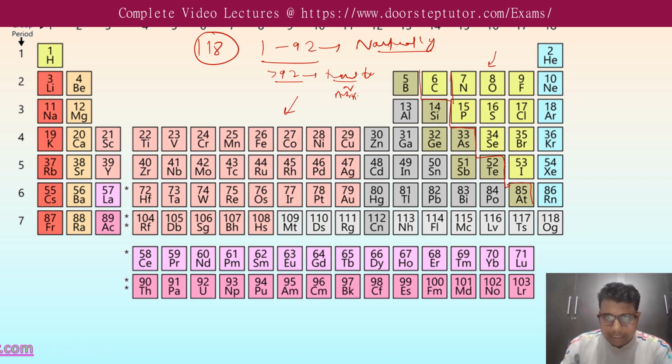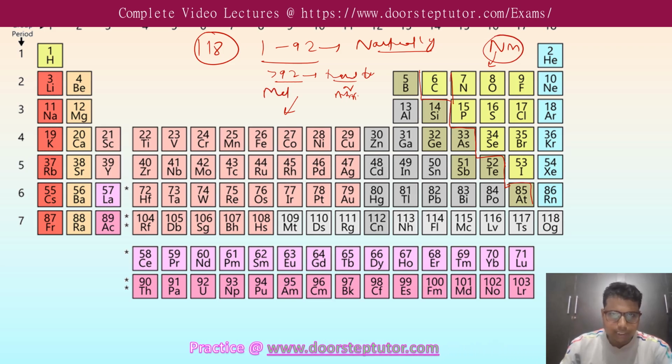The elements on the left side of the line are considered as metals, and the elements on the right side of the line will be considered as non-metals. So these are non-metals and these are metals in the periodic table.